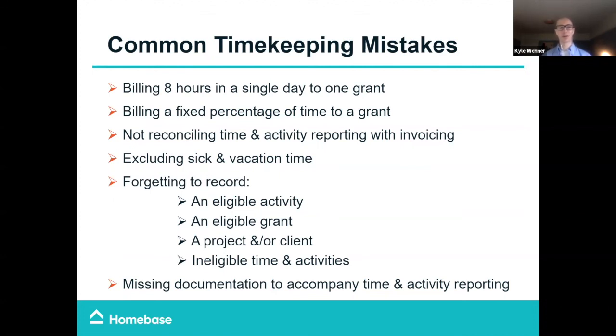So the main takeaway for documentation of eligible cost in general is: if you do not document it, HUD will assume it is not eligible. If you don't document that the client was being served and you cannot prove to HUD that this was the client that was being served, then HUD is going to assume that you are not serving an eligible client, even if you were. So if you're not documenting all this, you're not really doing yourself any favors.